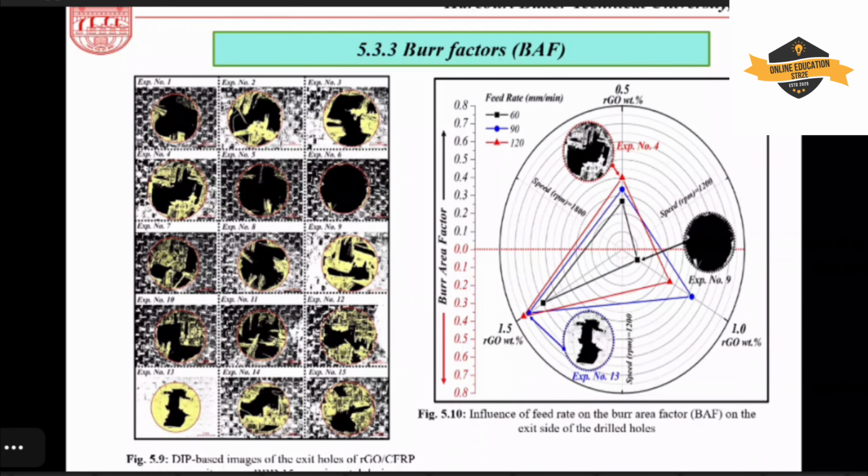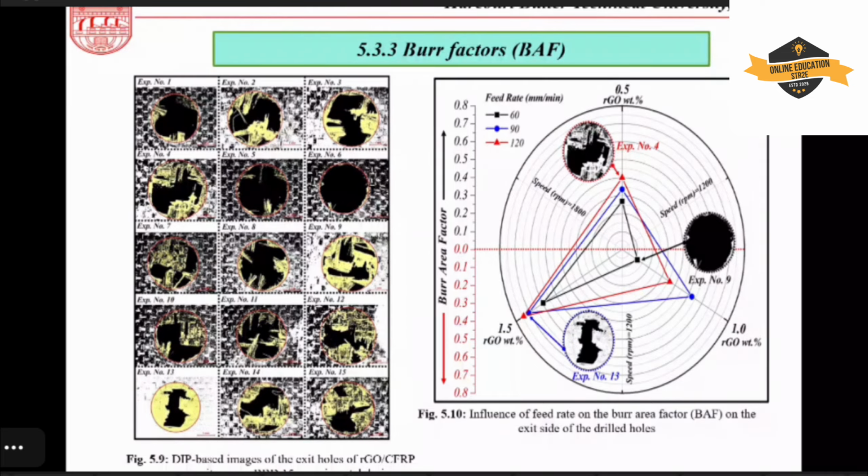So finally, we have analyzed our material and the drilling process in two different aspects. First, we performed these drilling operations, and we measured the thrust force, temperature, and the different types of tangential forces in our study. The second important aspect is that we also analyzed the force with the help of some software, and we used image software for the generation of different types of images which are observed during each run.